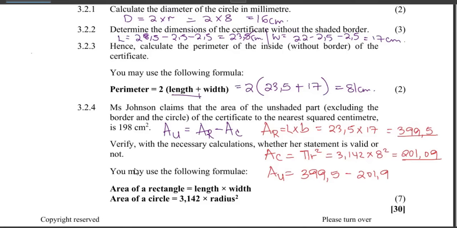The answer becomes 197,6, rounded off to the nearest centimeters squared. Remember, they're telling us to verify with the necessary calculations whether her statement is valid or not. So we shall say the statement is valid.